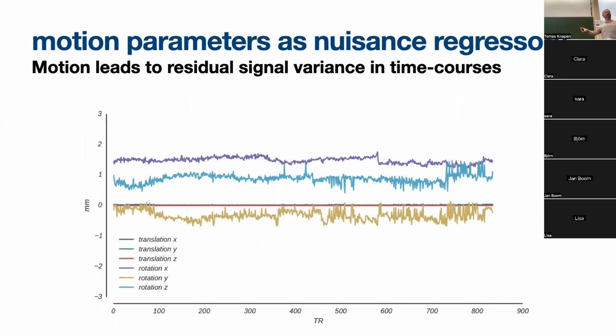I'll go back to this in a bit when I give a demo showing you the results of a pre-processing pipeline. When you move your head, the signals that it generates in the images are huge. This means we're going to get a lot of noise in our data whenever people move, and that would be unexplained variance.